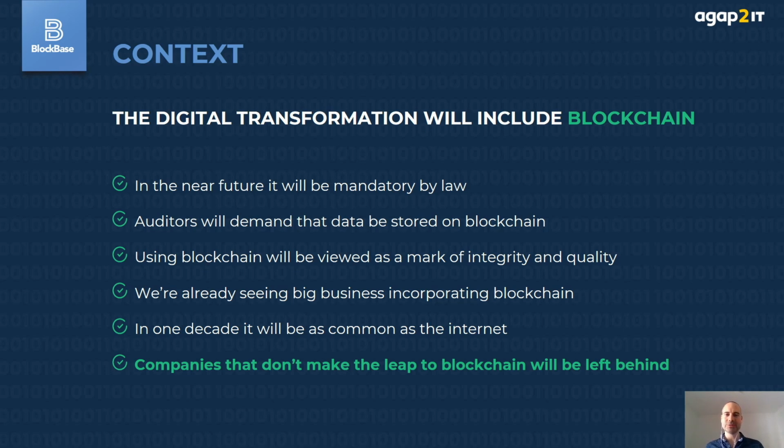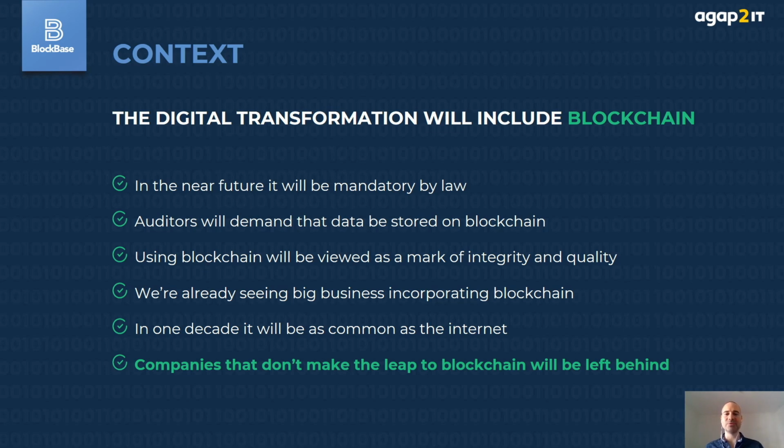Auditors won't accept data that's been stored on an Excel file or on a database when you have robust systems to store the data on, like blockchain, because blockchain ensures that the data that you store there cannot be changed, and Excel files do not, and traditional databases do not. So this is something to expect in the future.